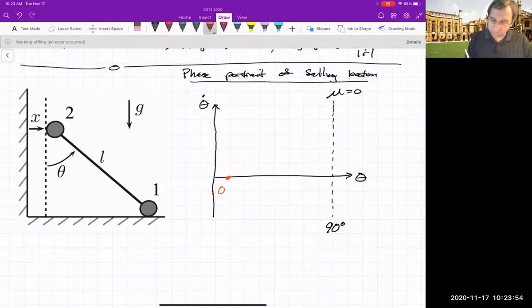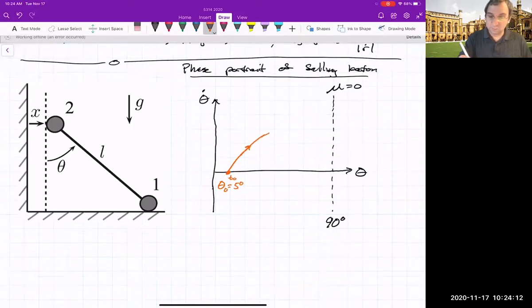If we start out here, theta naught equals 5 degrees at some time t0, then what we'd find is before we release from the wall, it's going to be moving. And then at some point we will release from the wall.